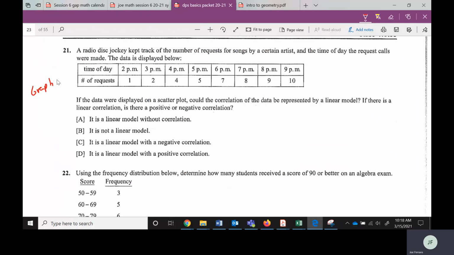You're going to graph like we did number 9, but then the answer is going to be easier. We wouldn't have to draw that line and figure out the answer like we did for number 9. You're just going to figure out, is it positive correlation, negative correlation, or is there no correlation at all? Okay.